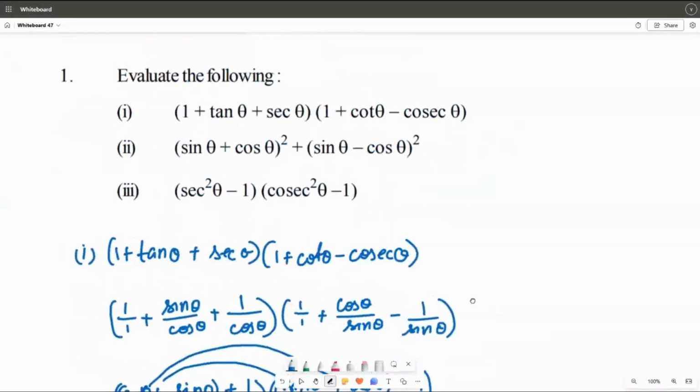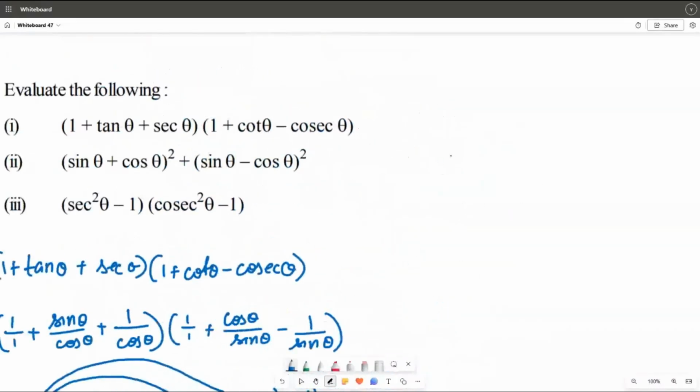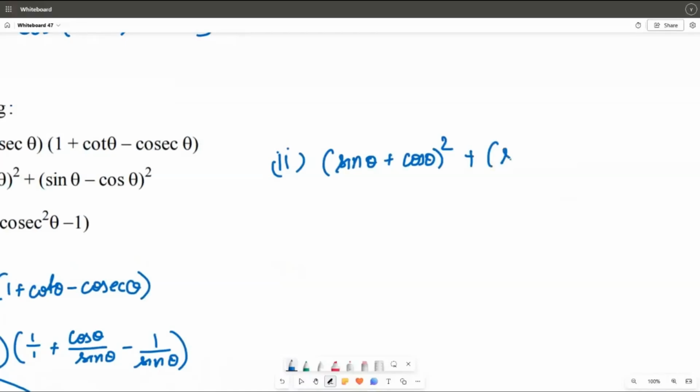Second bit we have sin theta plus cos theta whole square plus sin theta minus cos theta whole square. So let's see the question. Simply let's expand both of them, like a plus b whole square.